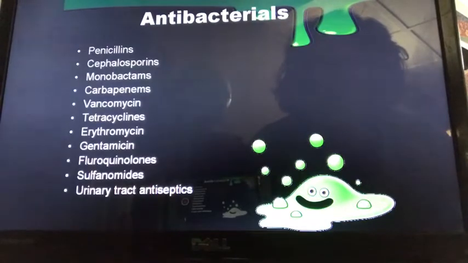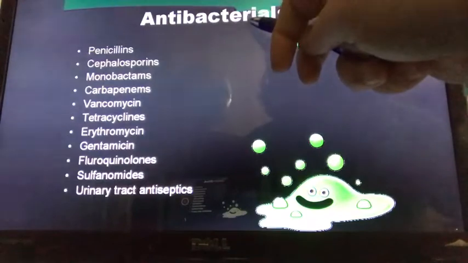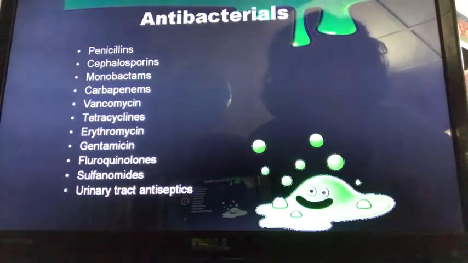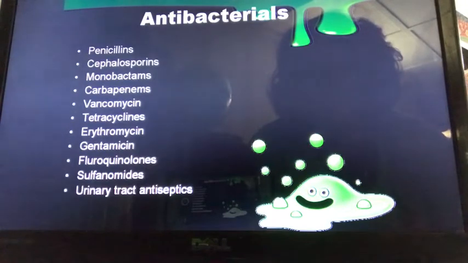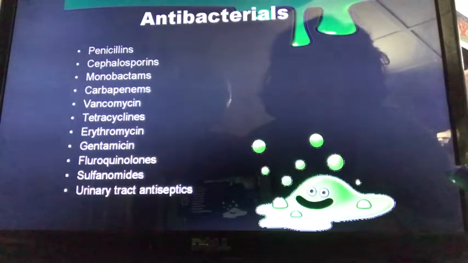Antibacterials kill bacteria, and there are hundreds of different kinds. We're talking penicillin, cephalosporins, monobactams, carbapenems, vancomycins, tetracyclines, erythromycins, gentamicins, fluoroquinolones, sulfonamides, and urinary tract antiseptics.